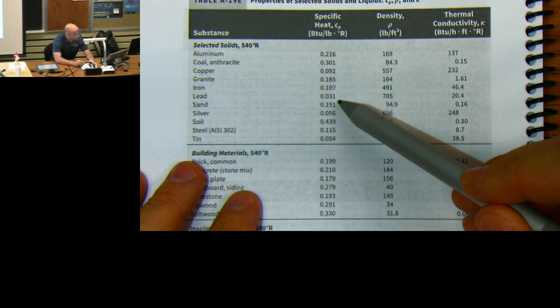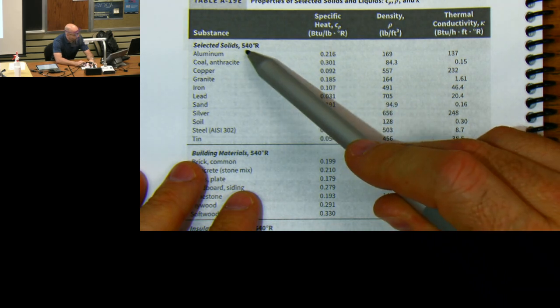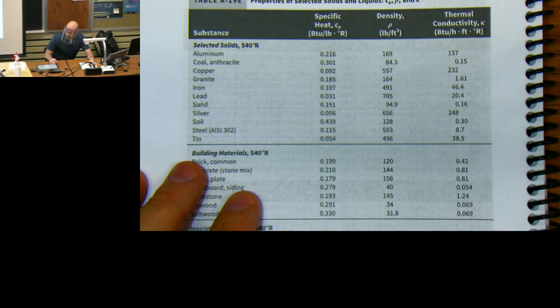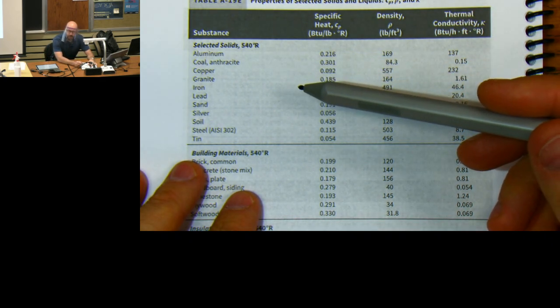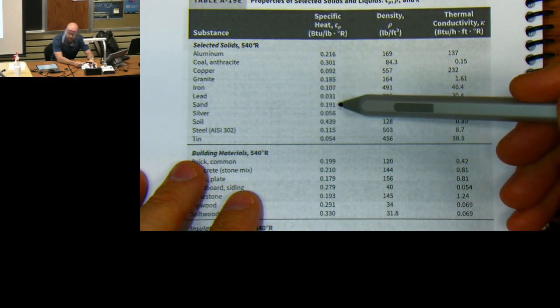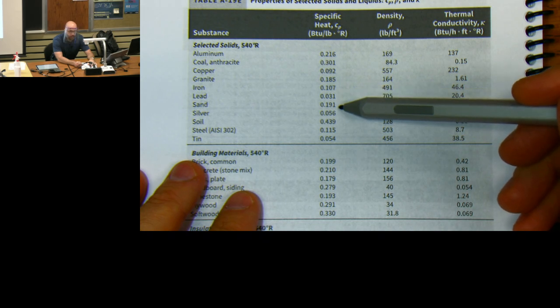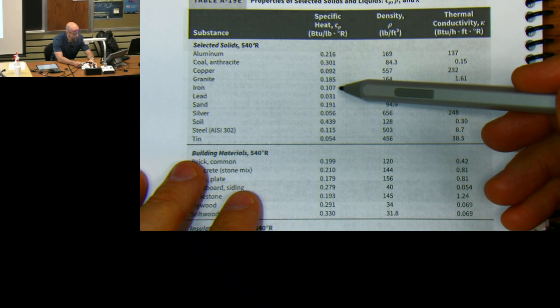They give me a value for the specific heat of 0.107, but this is at 540 Rankine, and we're at 2,000 Rankine, because if I add 460 to 1540, I'm at 2,000 Rankine. That's way off, but that's the only entry value we have. So we are going to assume that the specific heat is pretty constant there, and we're going to use 0.107.